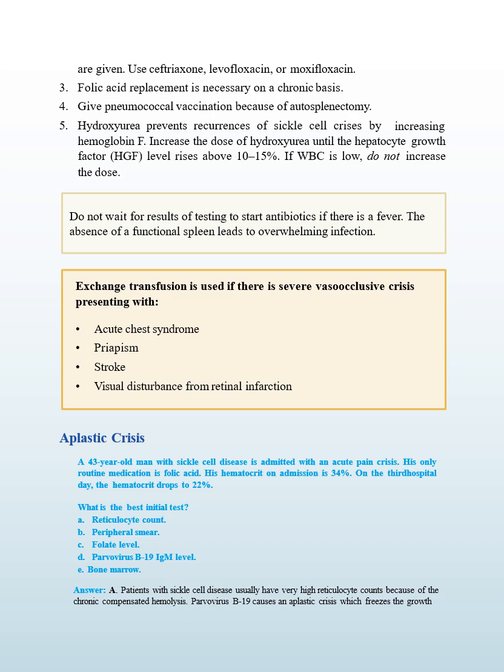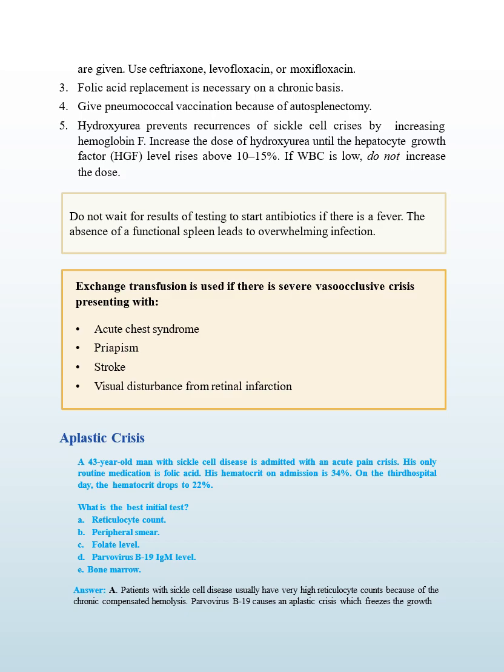The answer of this clinical vignette is A, and the explanation is that patients with sickle cell disease usually have a very high reticulocyte count because of the chronic compensated hemolysis.